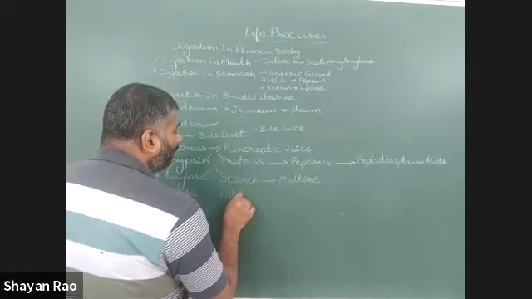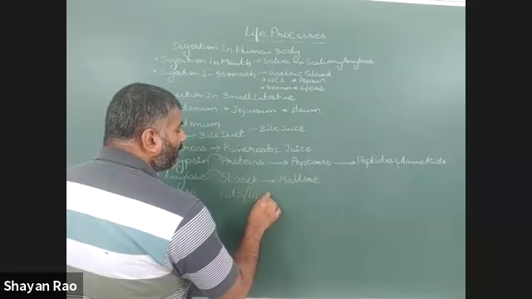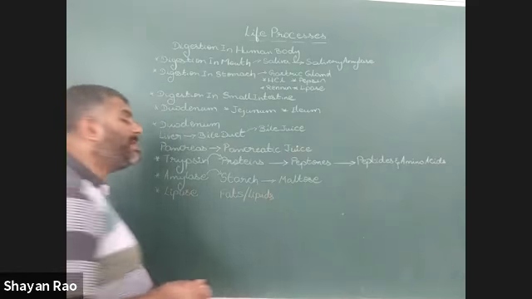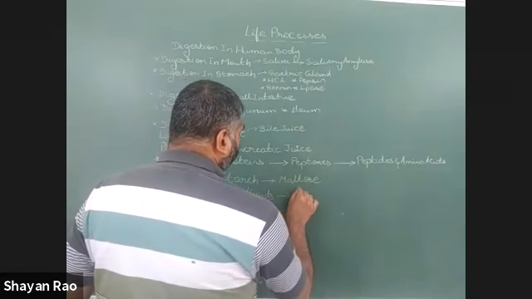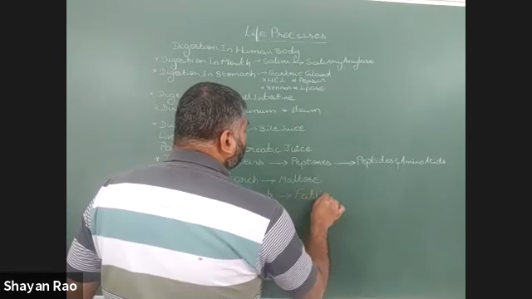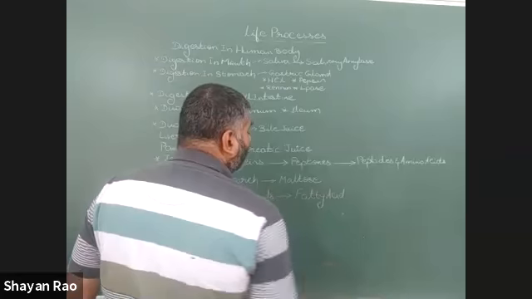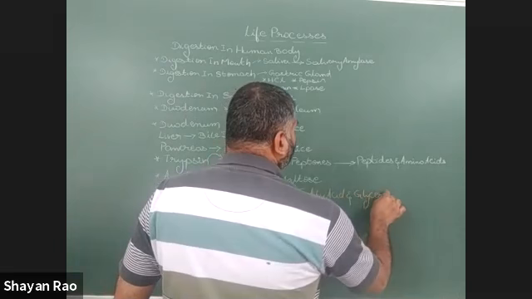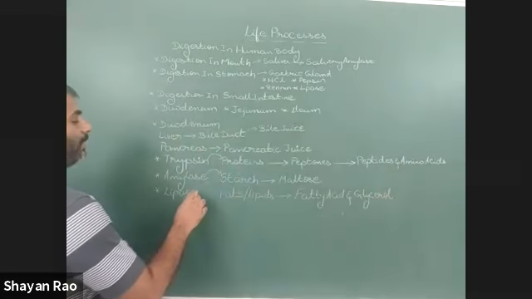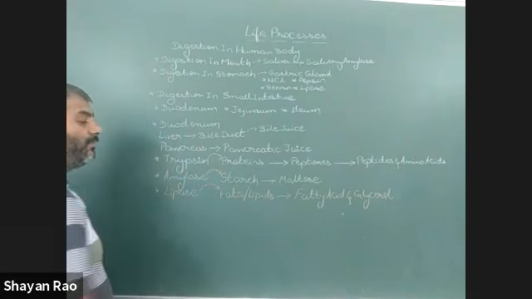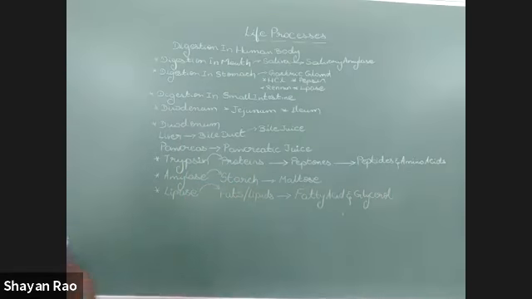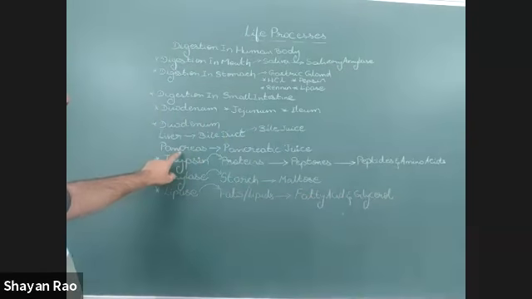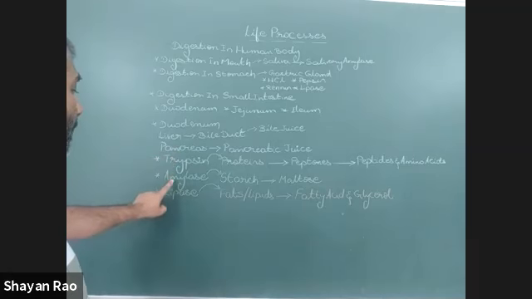These fats and lipids are converted to fatty acids and glycerol. This activity takes place with the help of lipase. So there are three important enzymes secreted by the pancreas: trypsin, amylase, lipase.